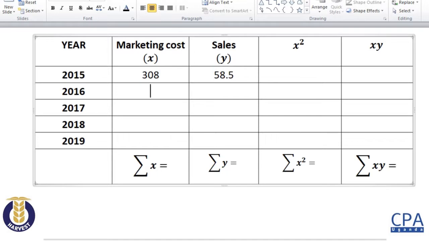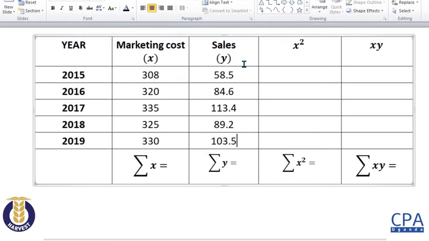So the marketing cost for 2016, I see a figure of 320, whereas the sales we have 84.6. Then finally 2019 we have a marketing cost of 330, sales of 103.5.